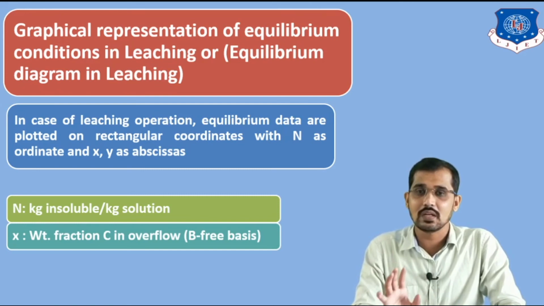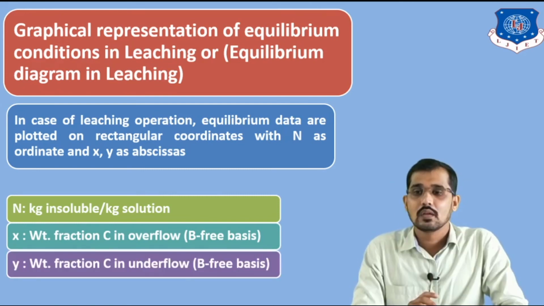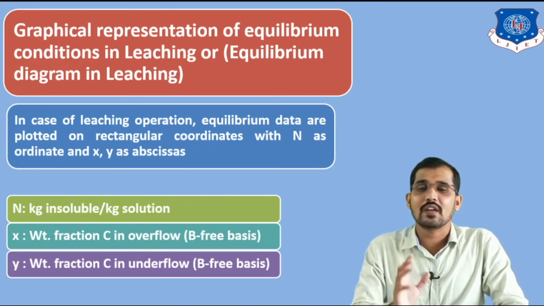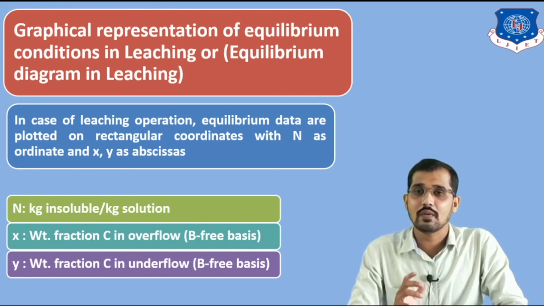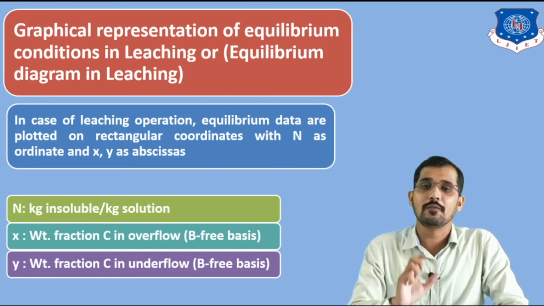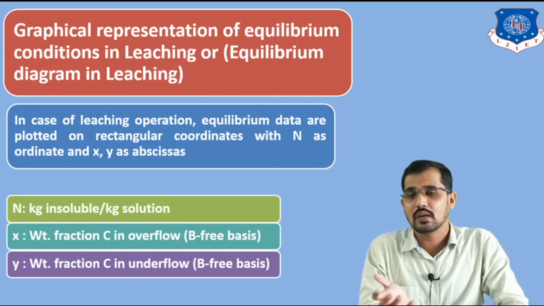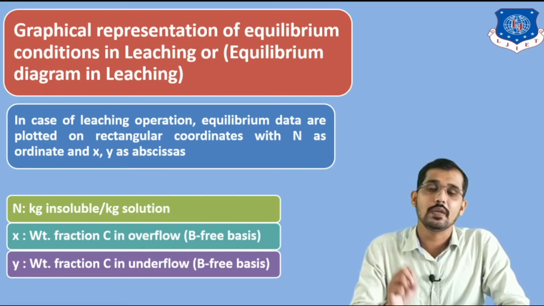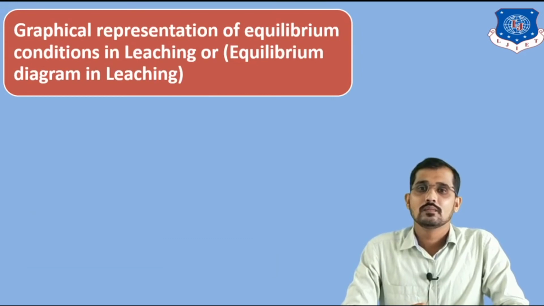X is the mole fraction of the solute which we want to extract from that solid, and Y is the weight fraction of C which we want to remove in the underflow. Underflow is not your required stream; we require the overflow stream here. So we are also writing this Y on the B free basis, meaning whatever fraction we write in the denominator, we write on the B free basis, and we are not going to consider the mole fractions of B.